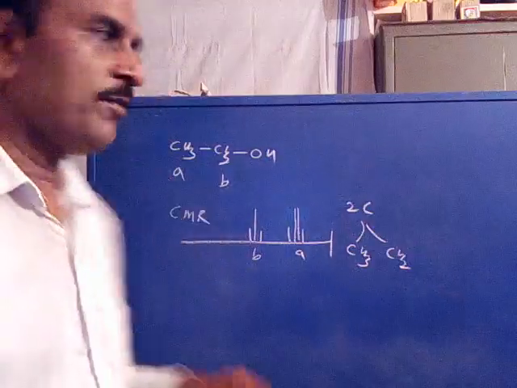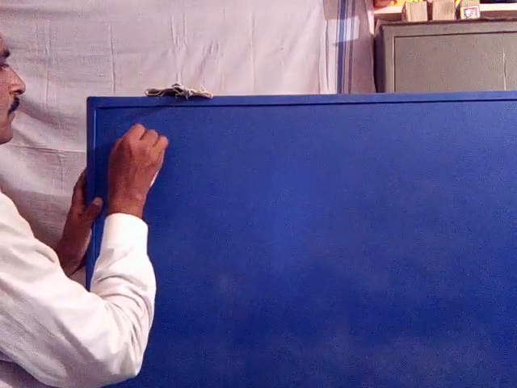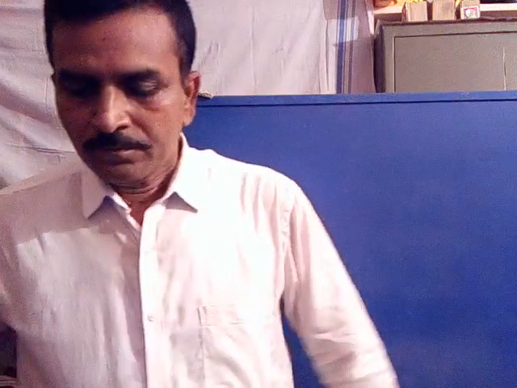Now coming to third information. Based on the delta value of each carbon, it is possible to identify the hybridization of each carbon.